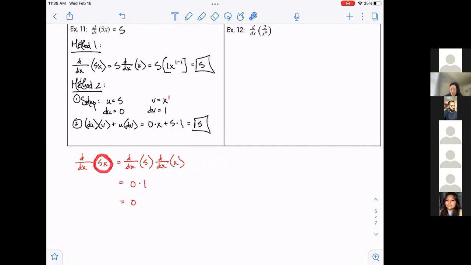But it's 5x, it's not just 5. It's attached to something else, and specifically it's attached to a variable. So yes, that would be a great sign to use the linear rule or the product rule, but we don't want to just pretend like we can just split them and then multiply at the end.